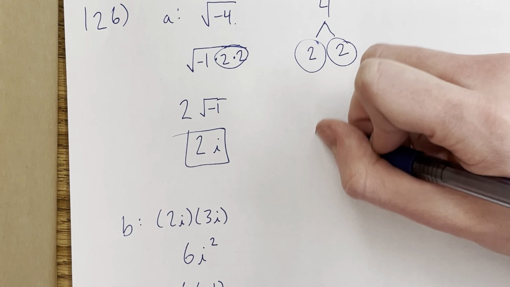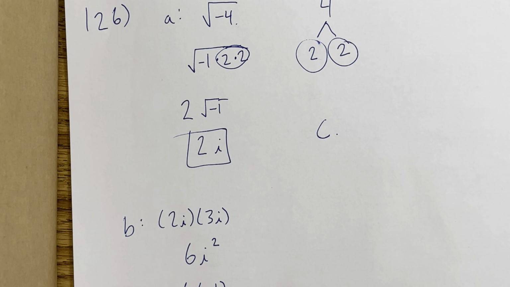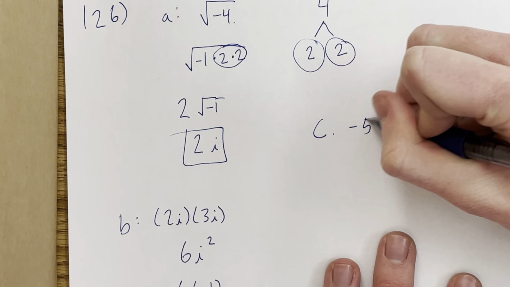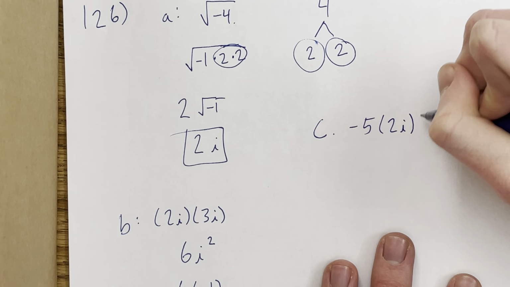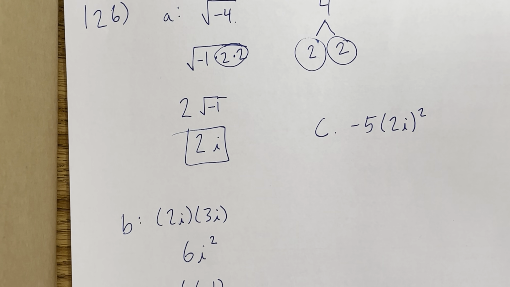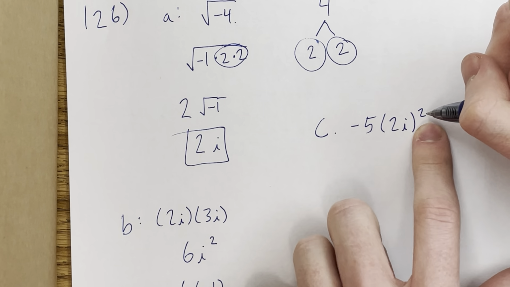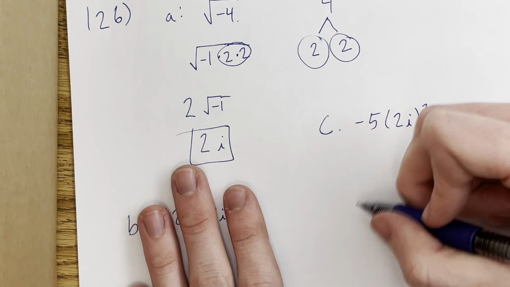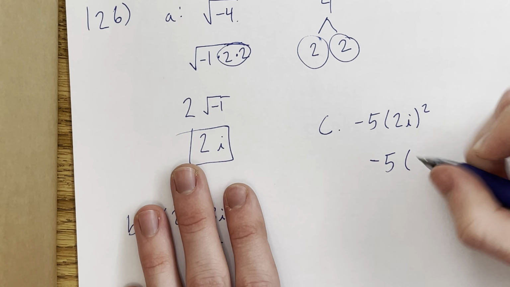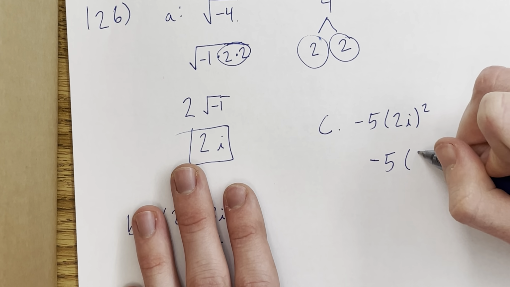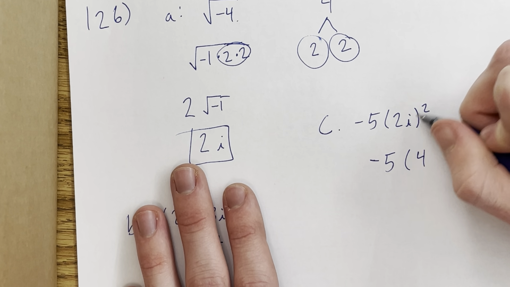Not that bad. For part C, we have negative 5 times 2I squared. Now keep in mind the 2I squared, the squared goes to both the 2 and the I. So we need to distribute that. So that'd be negative 5 times 2 squared, which is 4, times I squared.